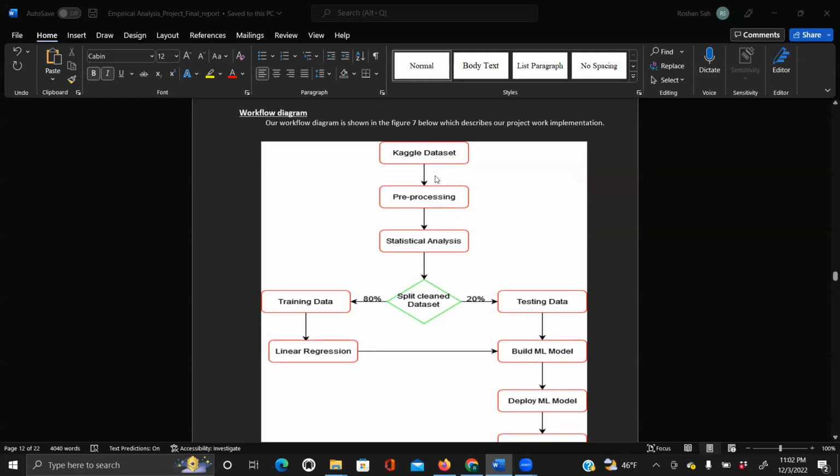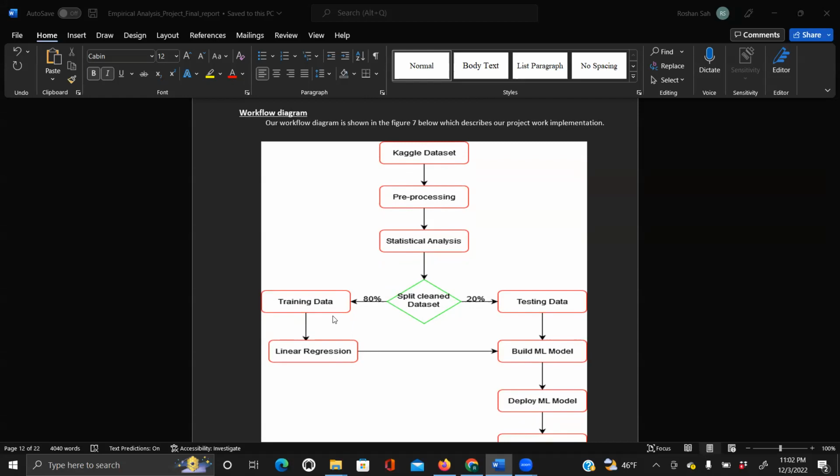This is the flow diagram of our whole project. We collect the data set from Kaggle, then we pre-process, like finding the missing values, and then we perform the statistical analysis, as my friend said about the one-way ANOVA, F-test, and t-test. We did all the things. After getting these, we split our data set into 80 to 20 percent training and testing.